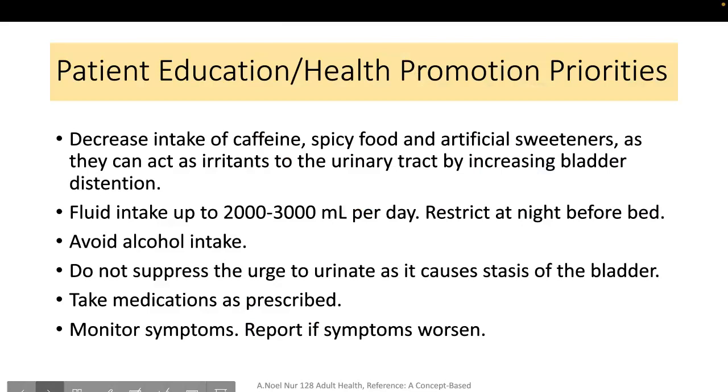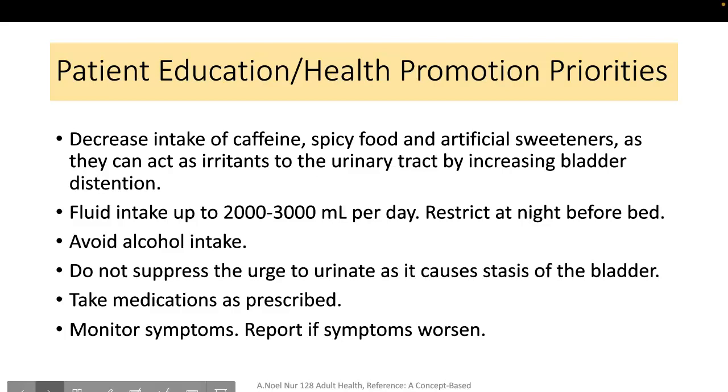Okay, so patient education does include stop drinking fluids a couple of hours before bedtime, because remember, they're going to have nocturia often, and we don't want them urinating in excess. You want them to hopefully be able to get a good night's sleep without having to get up and go to the restroom all night. They should also avoid spicy foods, caffeine, artificial sweeteners, alcohol as well, because those all irritate the urinary tract by increasing bladder distension.